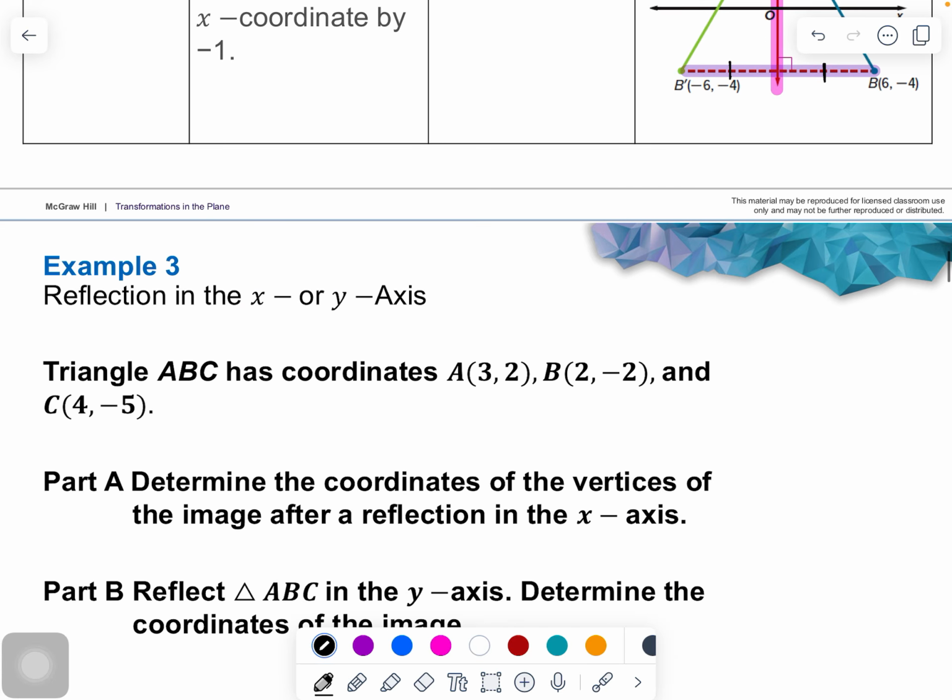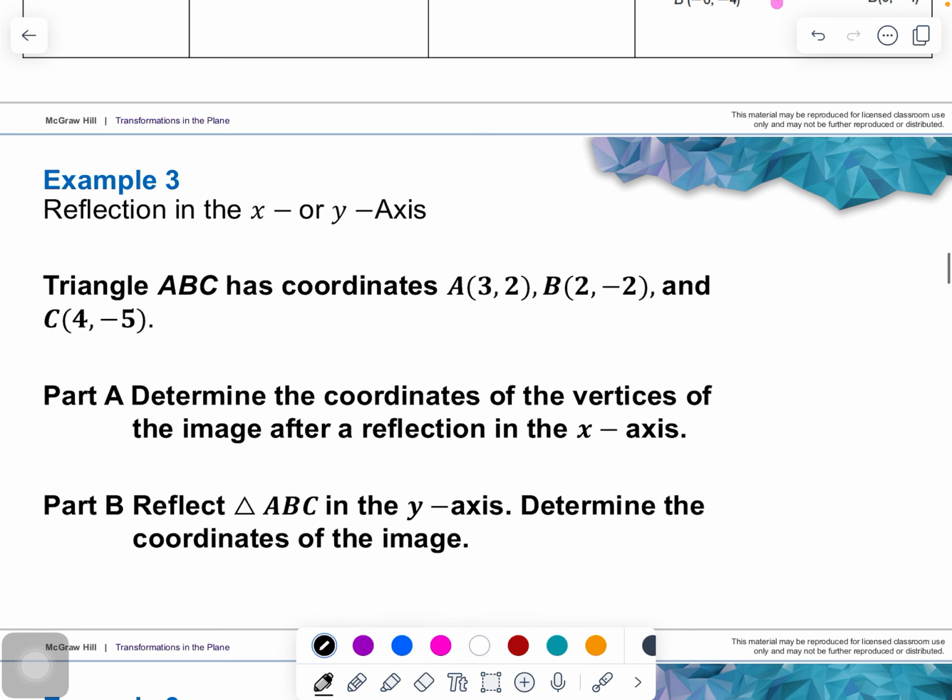Okay. So let's try an example here. Triangle ABC has coordinates given. Determine the coordinates after a reflection in the x-axis. So reflection in the x-axis goes like this: x, y changes to x, negative y.